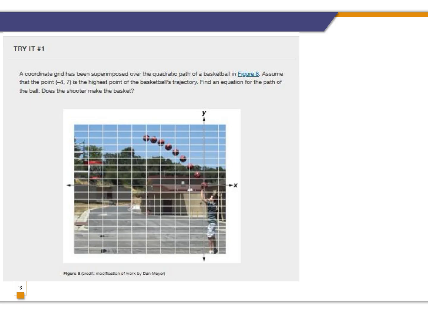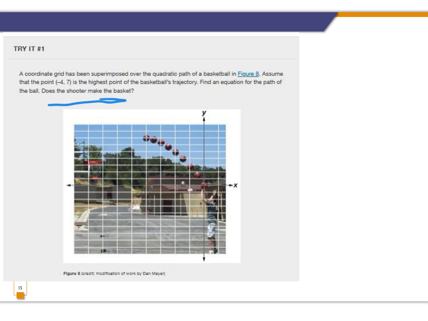That's its path. Find an equation for the path of the basketball. Does the shooter make the basket? So that's a question we'll answer at the end. I know some of you are already probably making a speculation without even doing any work.